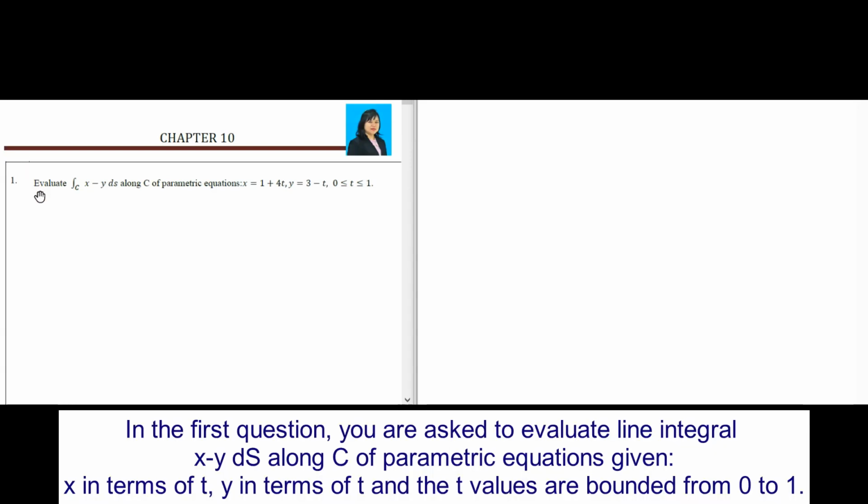In the first question, you are asked to evaluate the line integral of x minus y ds along C with parametric equations, given x in terms of t, y in terms of t, and the t values are bounded from 0 to 1.